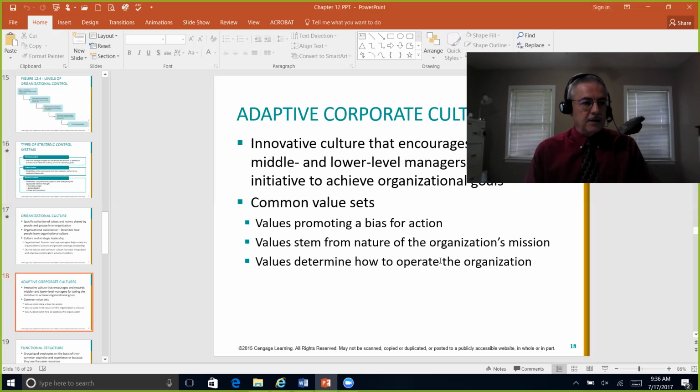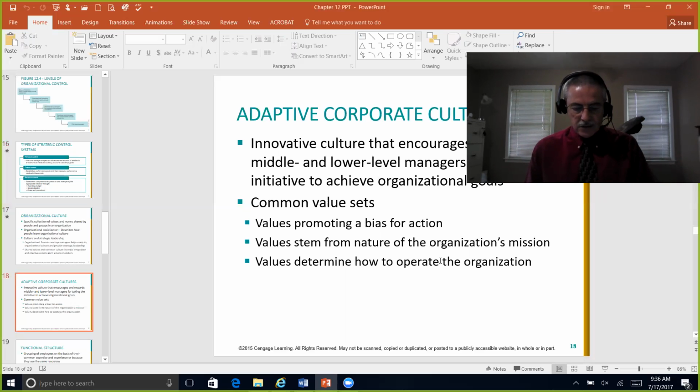But what some utilities recognized is that their core competency was producing electricity. That's what they did best. So they returned to their organizational mission in some cases, divested themselves of those external market opportunities, and refocused their efforts. This is the second value.